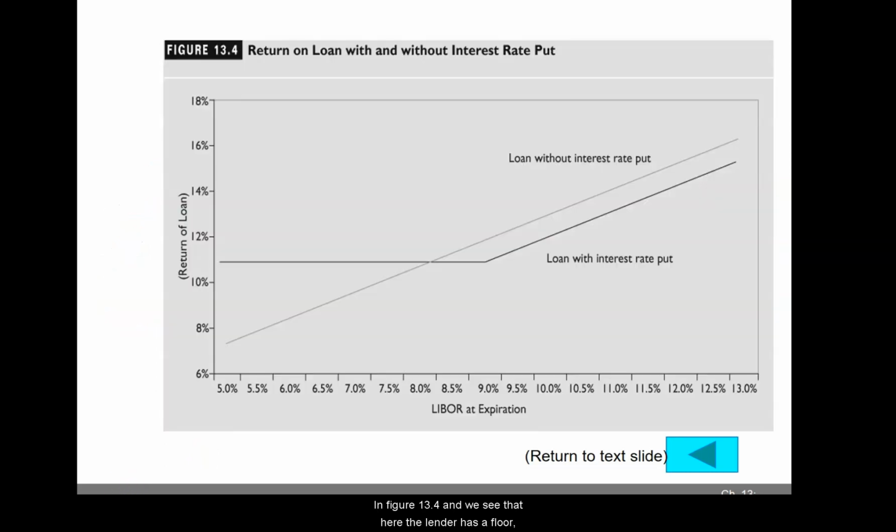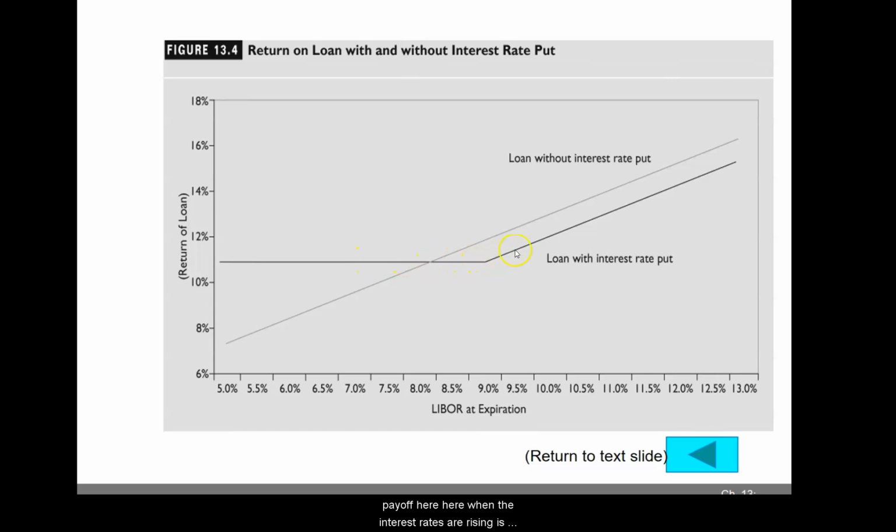Now these are again shown in figure 13.4, and we see that here the lender has a floor. This is the 10.82% return on the loan. In no case effectively the lender is earning less than 10.82% thanks to the interest rate put.